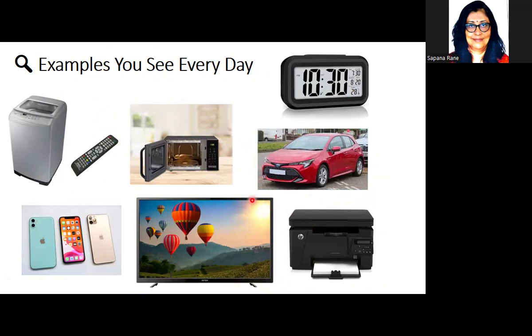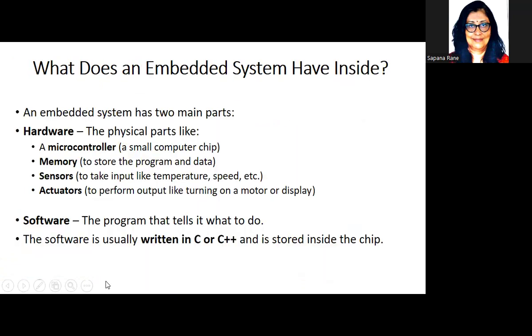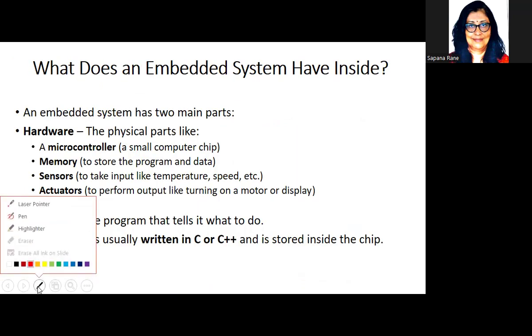What are the examples of the gadgets which have an embedded system within them? The washing machine, the remote control of the TV, the microwave oven, car, mobile phone, television, printer, many more. These are the examples of the embedded system.